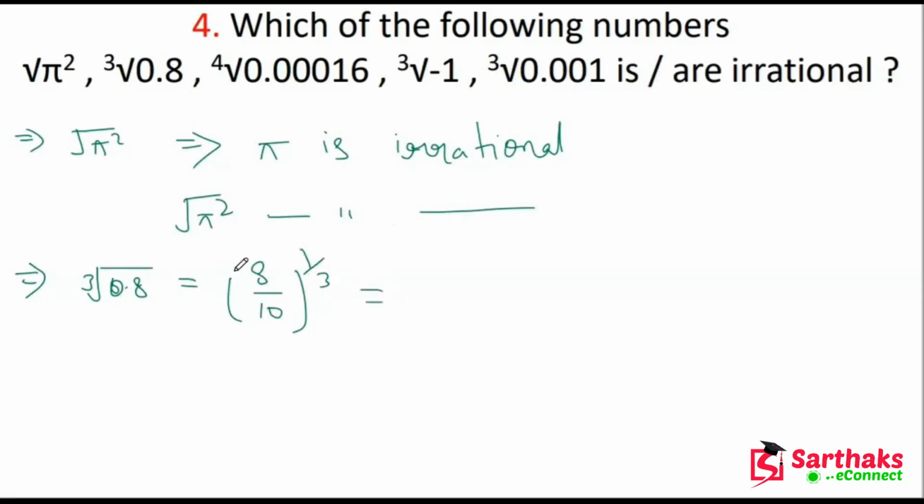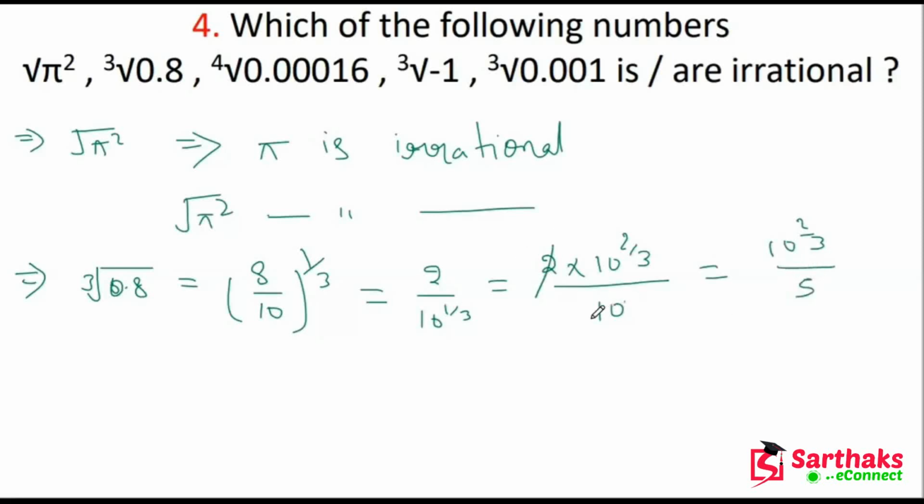The cube root of 8 is 2, and 10 is raised to power 1 upon 3, so it becomes 2 into 10 raised to power 2 upon 3, and we can write this as 10 raised to power 2 upon 3 divided by 5, because 10 goes 5 times. So this is an irrational number.